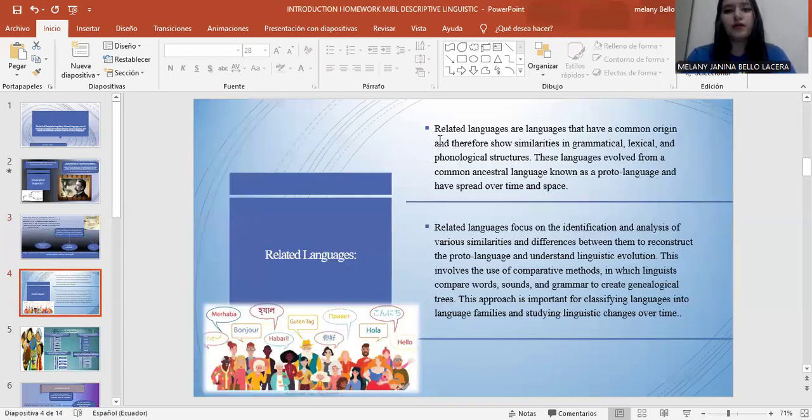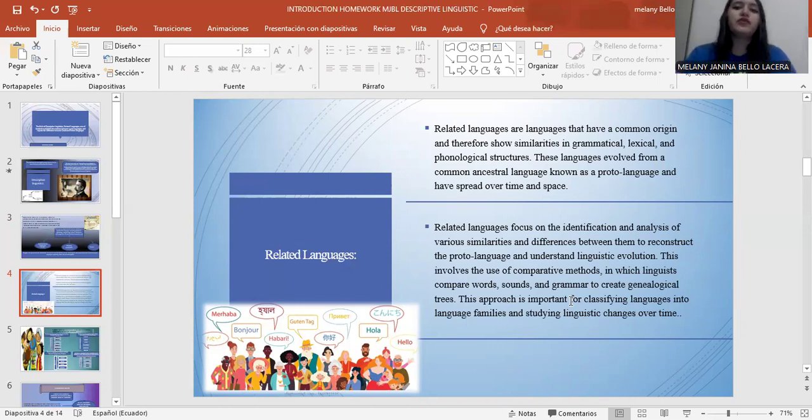Now I'm going to talk about related languages. They are languages that have a common origin, and therefore show similarities in grammatical, lexical, and phonological structures. These languages evolved from a common ancestral language known as a proto-language and have spread over time and space.